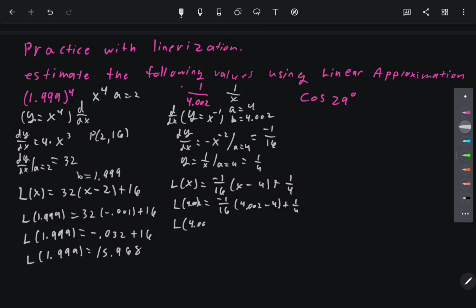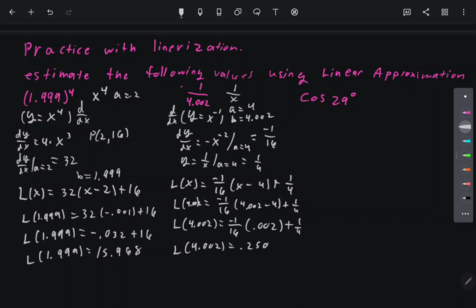Linearization of 4.002 is going to be equal to negative 1/16 times 0.002 plus 1/4. And then now I'm going to just plug this into my calculator here to get a final answer of 0.250.